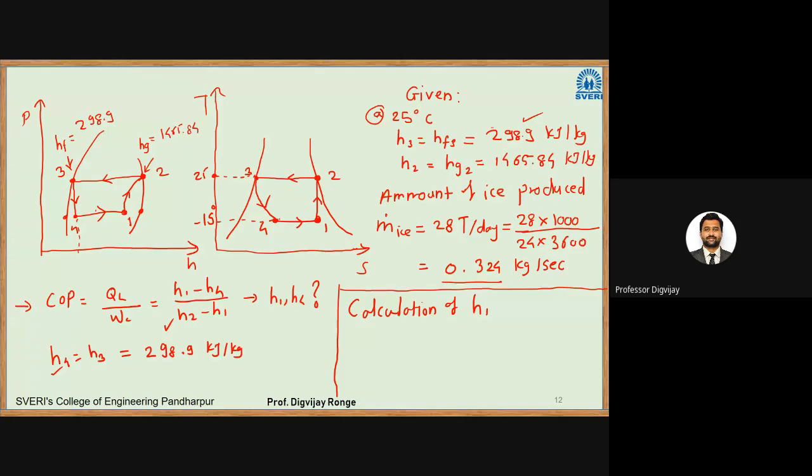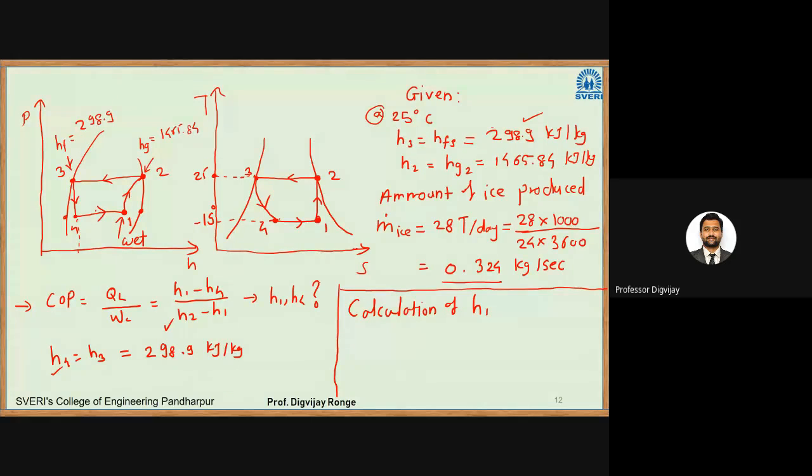Point 1 is in between the saturated vapor curve and the saturated liquid curve. That is why the state of refrigerant at point 1 will be wet. So here we have a wet refrigerant, which means we have to calculate the dryness fraction. Once you calculate the dryness fraction, you can easily calculate the value of H1.